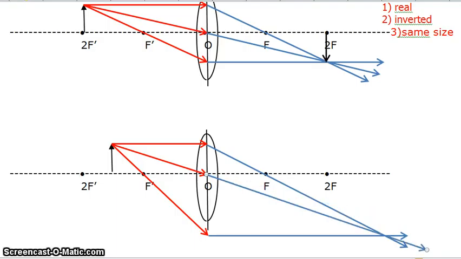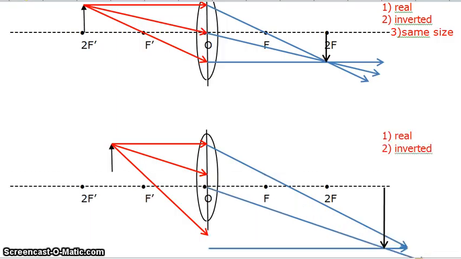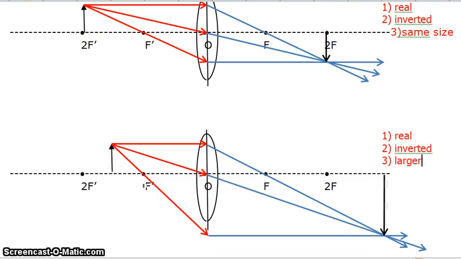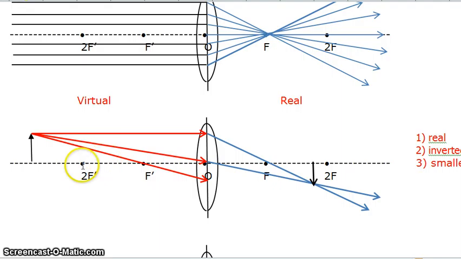Clear intersection. This time there's something pretty noticeable about our image. It is still real, still inverted, but it's now significantly larger. So there is actually a pattern there if you look. For this one, when we were way far away from the lens, it was smaller.